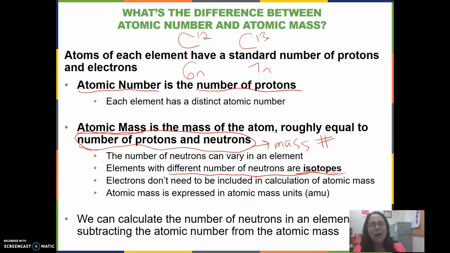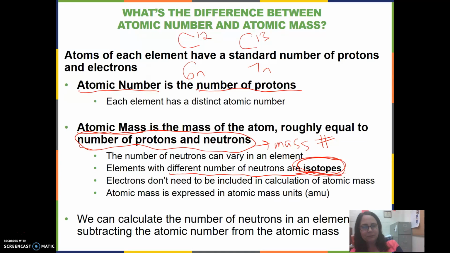So the atomic mass is the average of the masses of all the different isotopes, the different forms of that atom that have different numbers of neutrons. But basically, if you round the atomic mass to the nearest whole number, the mass number is the number of protons plus neutrons.